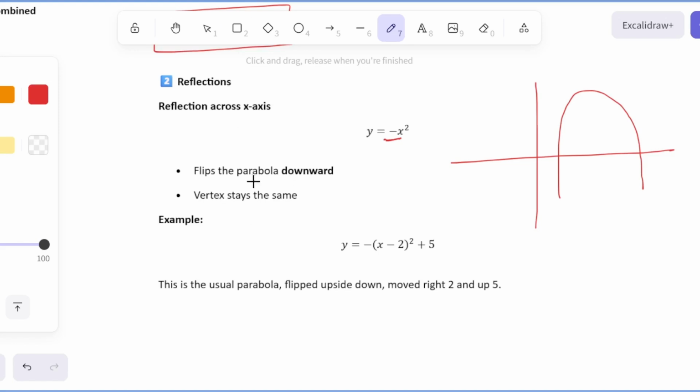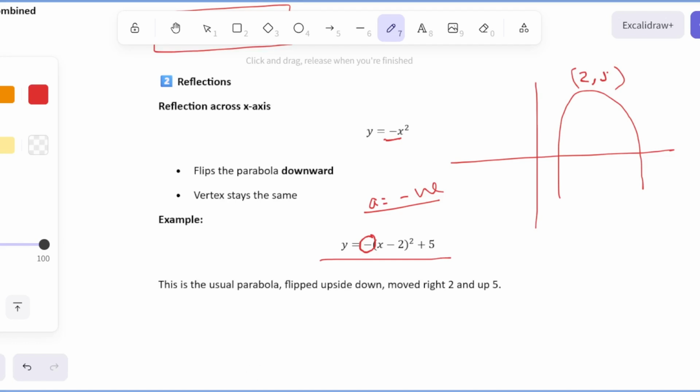So it flipped the parabola downward, and the vertex stays the same. For example, the vertex is (2, 5), but because here we have a negative, your a is negative. That's the reason the parabola is facing downwards. This is the usual parabola flipped upside down, moving right 2 and up 5.